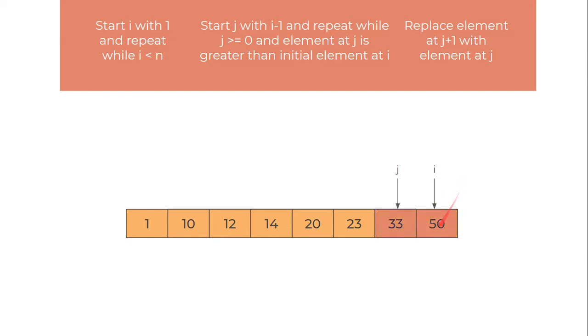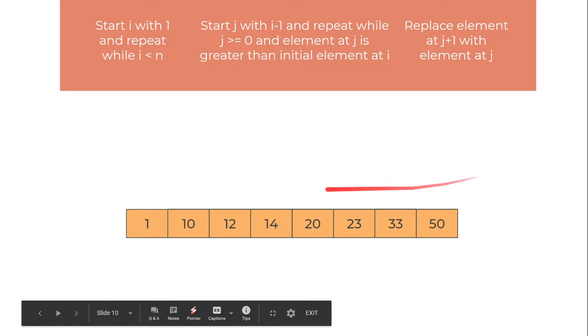Finally, we have 50. We save that value, but we see that the value at j is already less than the initial value at I. So we increase the value, so we don't have to do anything. And now as you can see, our array is sorted, right?